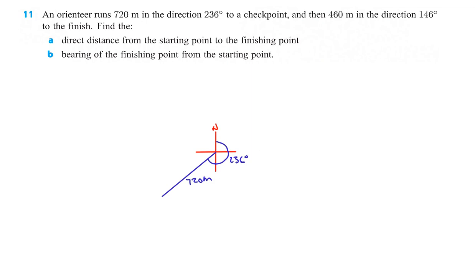And then 460 meters in the direction of 146 degrees. So now, here's the key, you have to draw a new starting little compass rose here. Again, we're still starting from up top at due north. So let's see, 146 degrees.